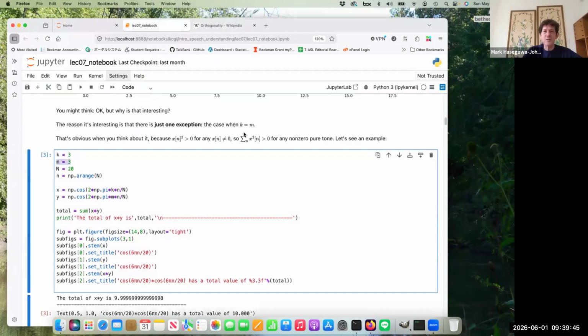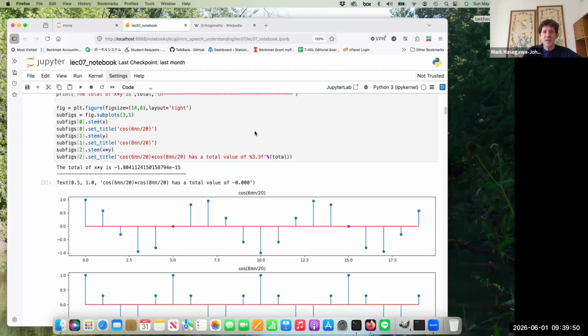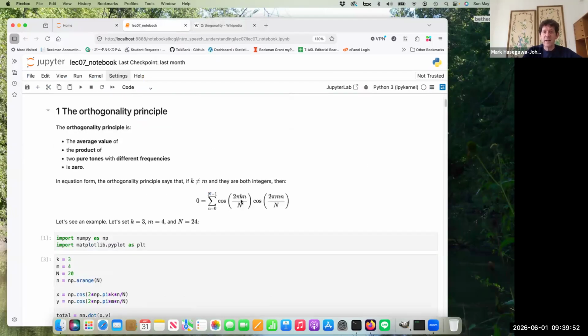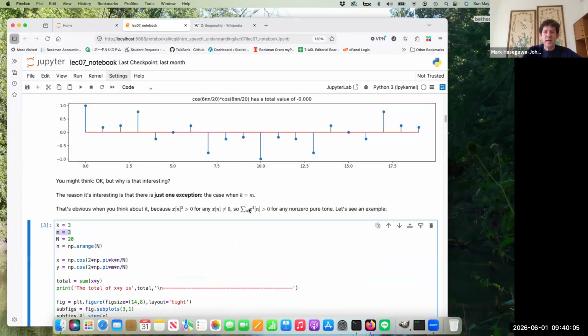If I have two cosines that are exactly the same frequency and I multiply them together, something like this, cosine of 3 periods times the cosine of 3 periods, if these two cosines are exactly the same, then rather than multiplying x times y, I'm actually multiplying x times x, and I'm getting x squared of n.